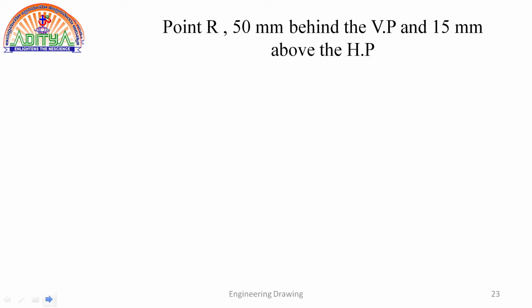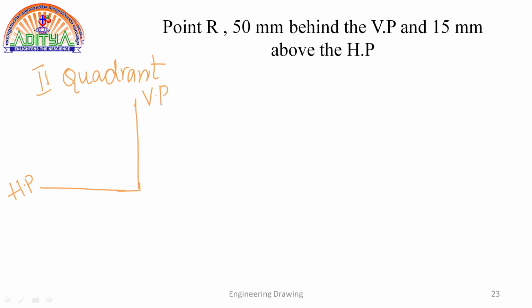Now what we have to do? We have to draw the second quadrant system: the second quadrant, horizontal plane, vertical plane.